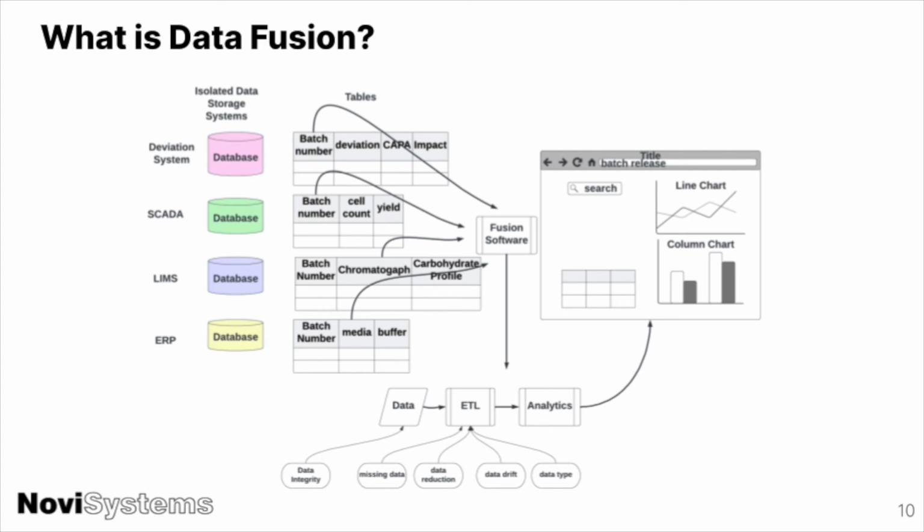And once that transformation is done, it applies a whole series of analytics to it. Now, the nice thing about this is that it generates an interactive dashboard that you see, in this case for batch release, that allows a quality organization to look at current performance and past performance and really have all the information they need on hand in order to talk about a release decision.